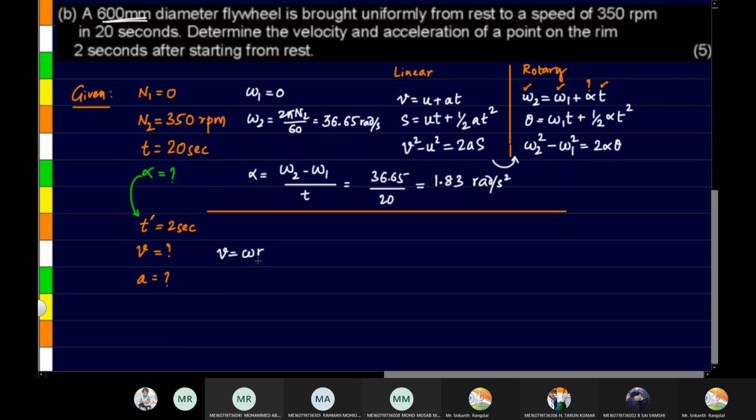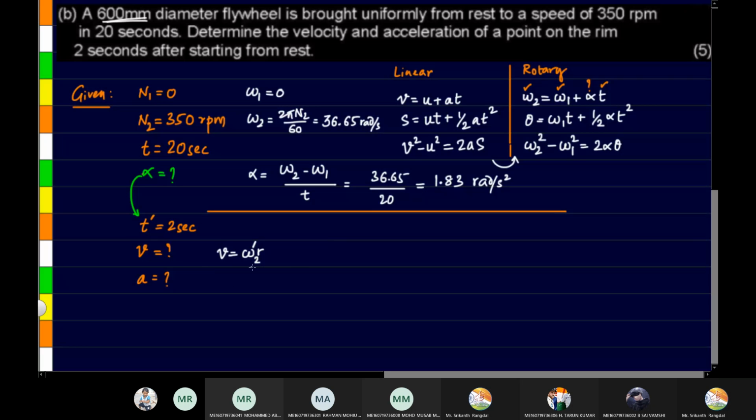So from the diameter, we can find the radial distance. So omega into r we have to use. Which omega? The final omega. So omega 2 we have to use here. Actually, omega 2 is not the same as this omega 2, so let me put omega 2 dash. Fine, so this is for 2 seconds.